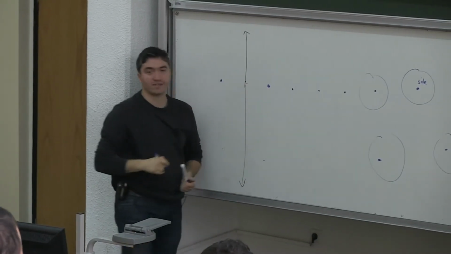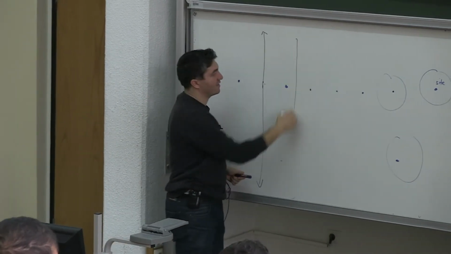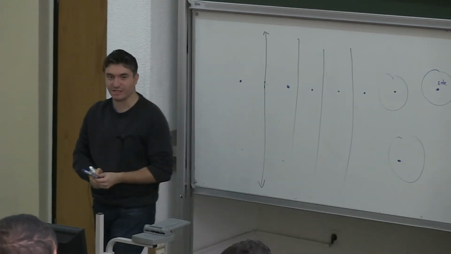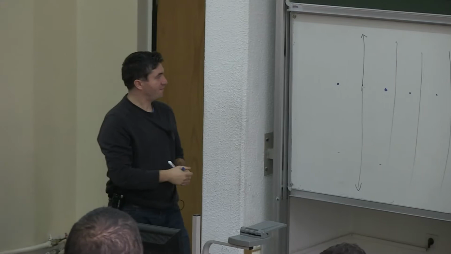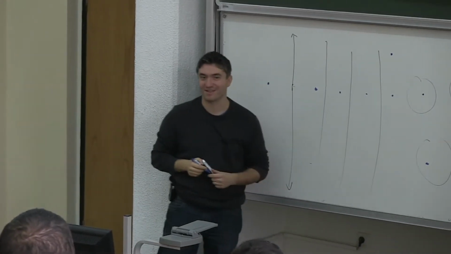And what happens if we have collinear points? If all the points are collinear, we are going to have these bisectors in between them like this. Now the question is, what if I have a point here? What will happen now?